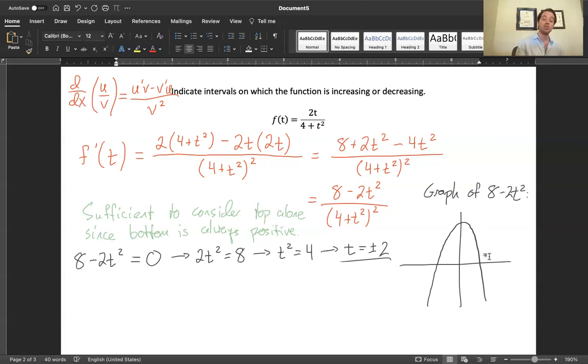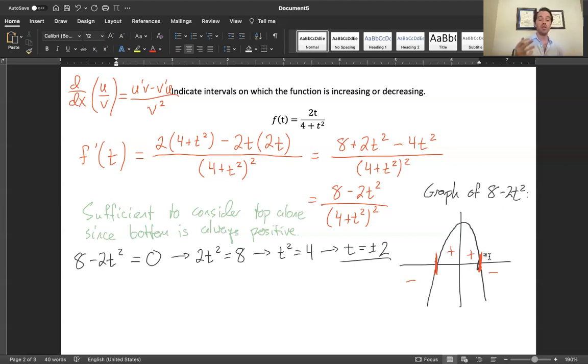I'm saying that 8 minus 2t squared is a parabola. And it's an inverted parabola because the quadratic term has a minus sign. So those 2 points right there, put them in red, those are the points where the derivative is 0. Because it's an inverted parabola, we know that on this side it's negative, and on this side it's positive, and on this side it's positive, and this side it's negative.